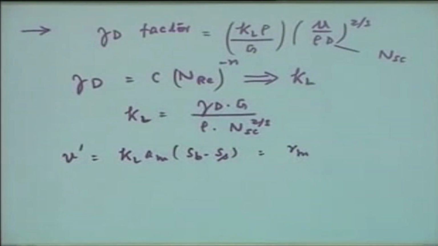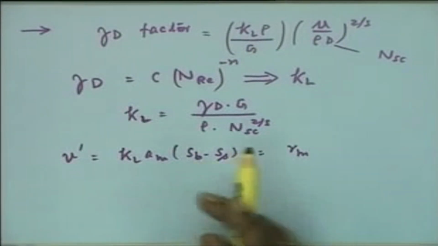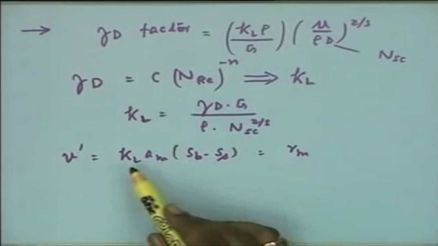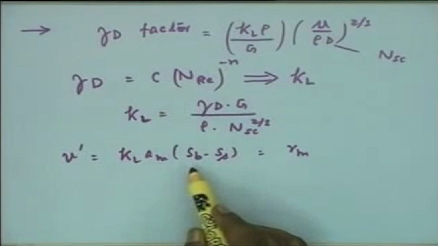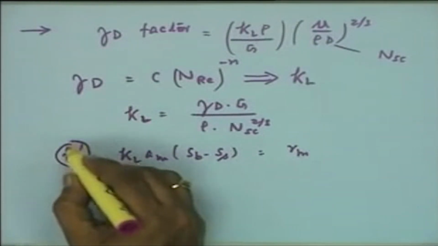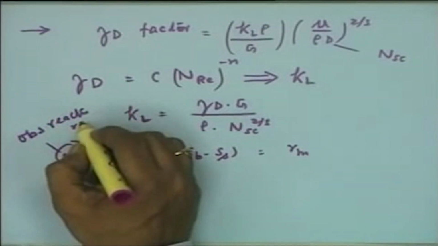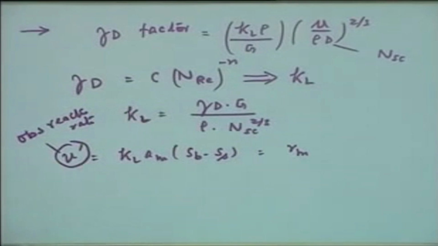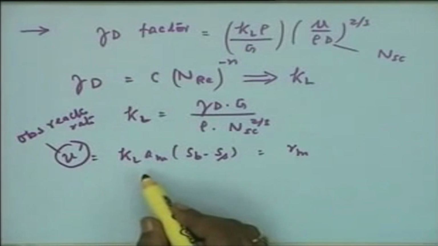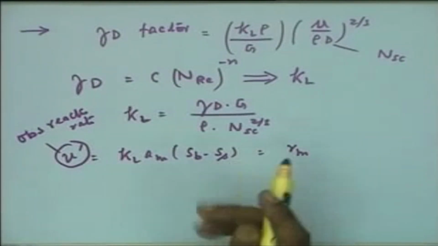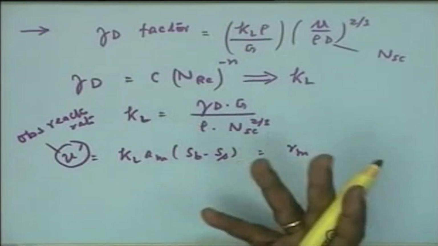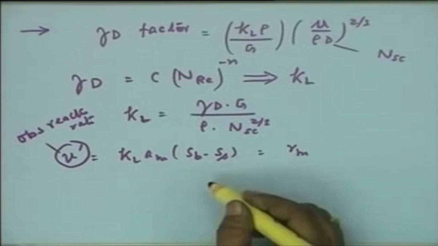The rate of mass transfer under steady state and the biochemical reaction rate are equal, and therefore, from the magnitude of KL Am, one can get the, and now this V can be considered as the observed reaction rate, which has been monitored experimentally, and therefore, one can determine the magnitude of SB minus SS, and that determines whether the diffusional control is there or not, and accordingly one can design the reactor.